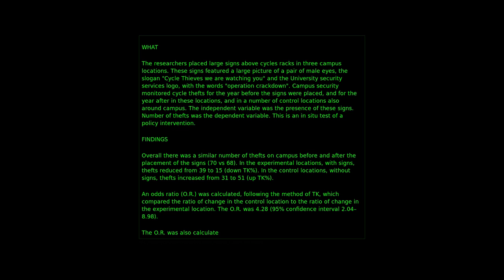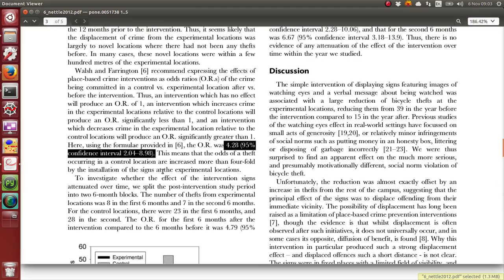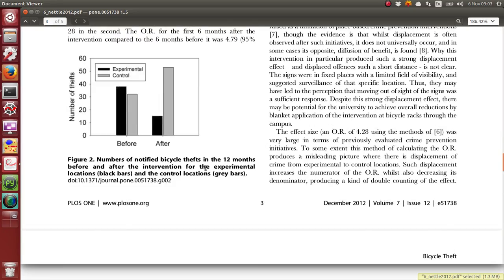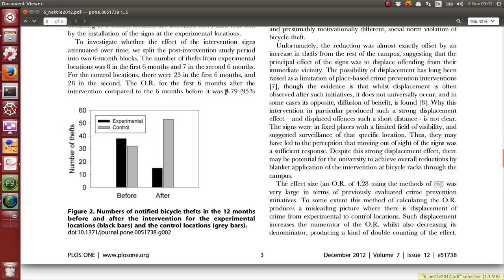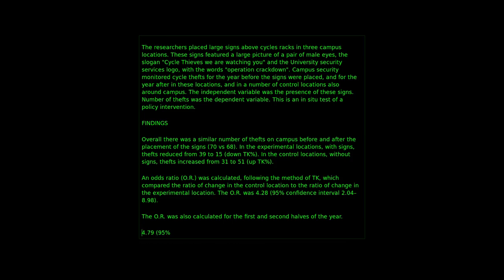The odds ratio was also calculated for the first and second halves of the year. This is somewhere in here. Okay. So that's the first half.